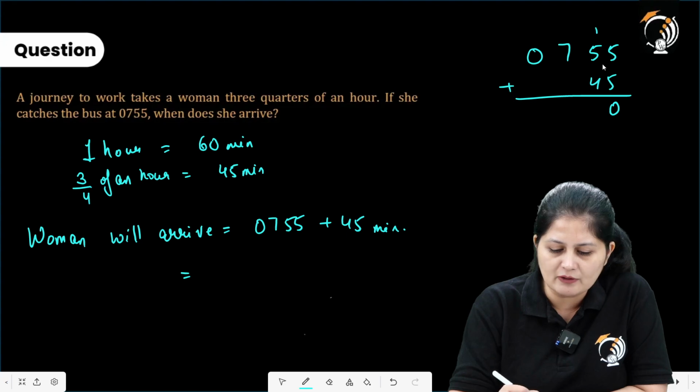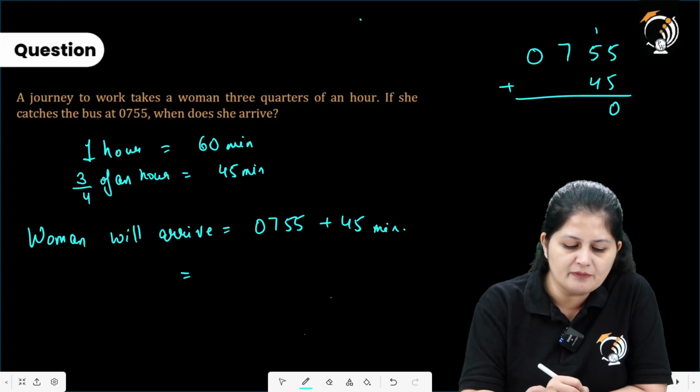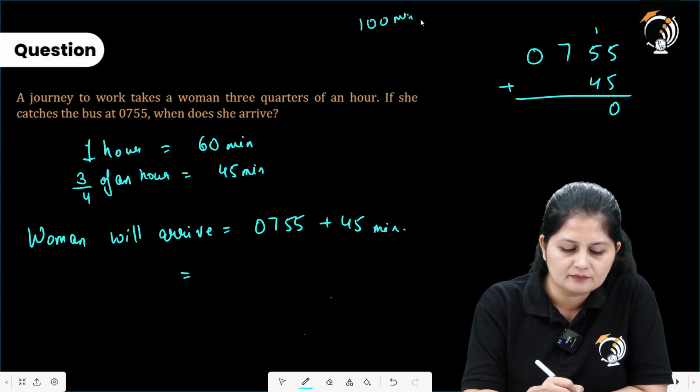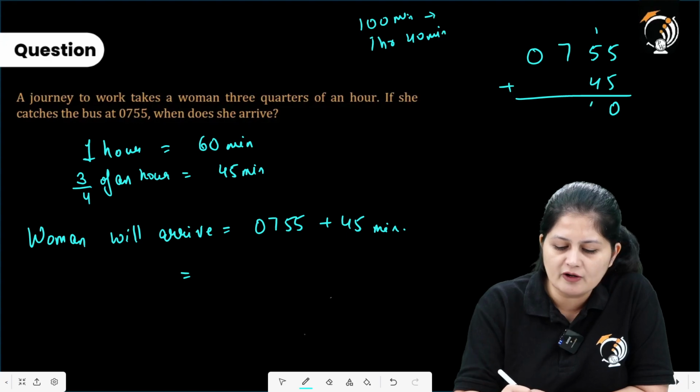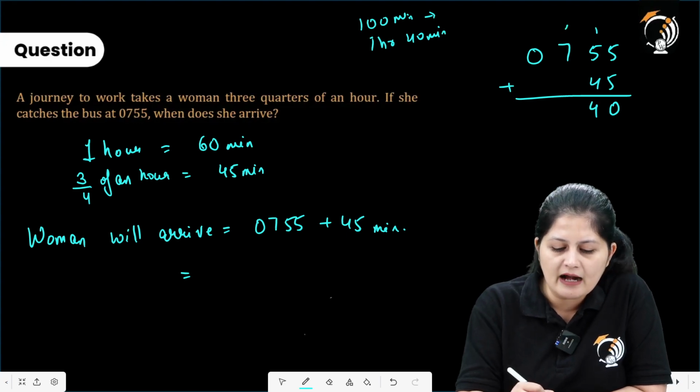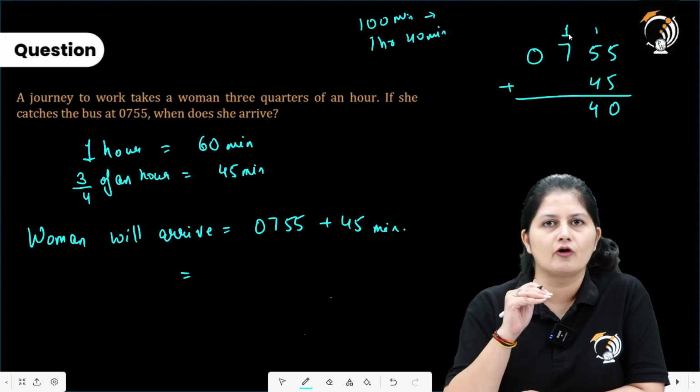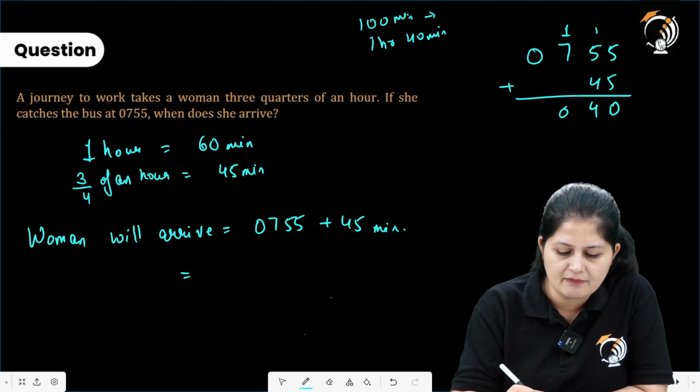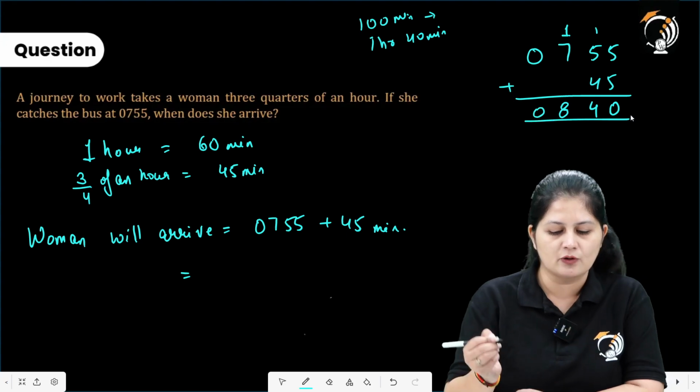So here 100 minutes can be written as 1 hour and 40 minutes, right? So here what we are going to do, we will be writing 40 and 1 hour will be carried forward. Okay, so that means the time when she is going to reach here is 0840.